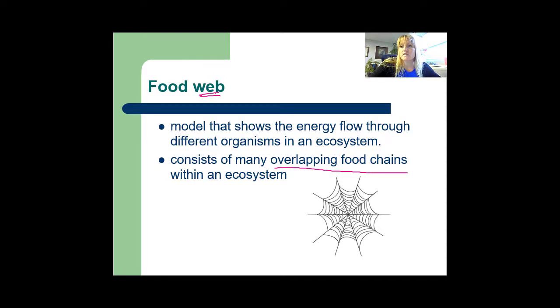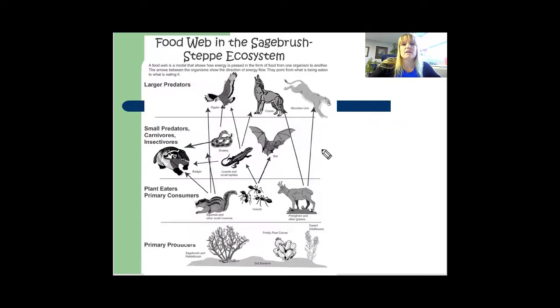So what does a food web actually look like? This is an example of a food web from our area. So here we have our primary producers. We usually just refer to that as producers. In this case, sagebrush, rabbitbrush, some cacti, some various wildflowers. Our primary consumers will eat various parts of these, or different species of these, and this could include ground squirrels, it can include insects, pronghorn, mule deer, things of that nature.